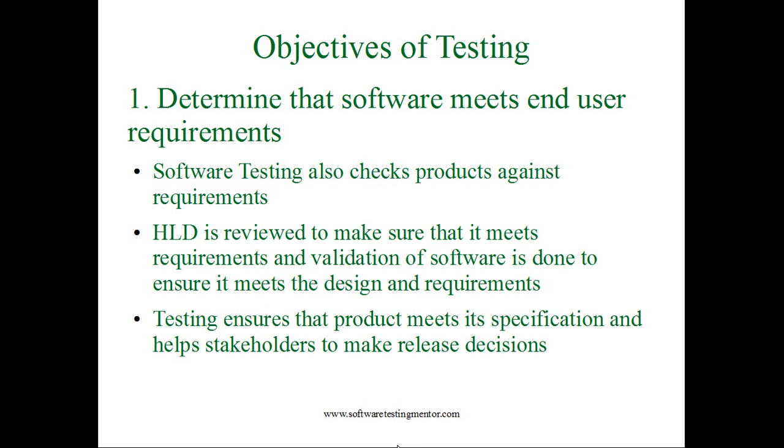All those specifications in the SRS document are being met by that HLD. And then when they do dynamic testing of software after the build is available and they can install the build on the test environment, they ensure that it meets the design and the requirements.